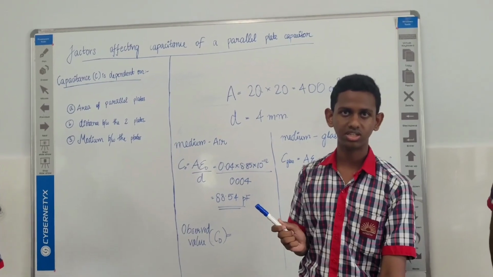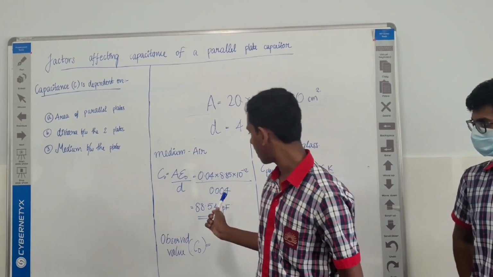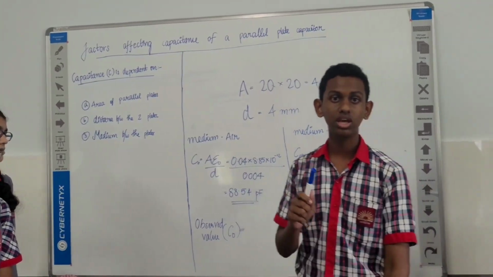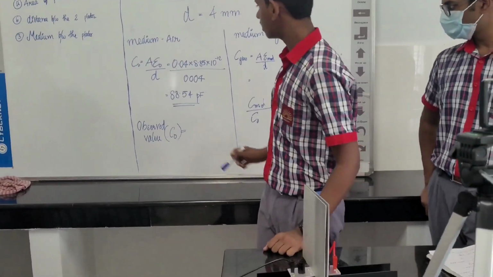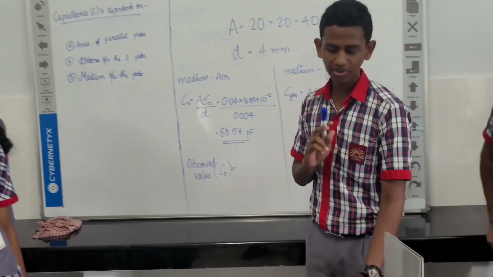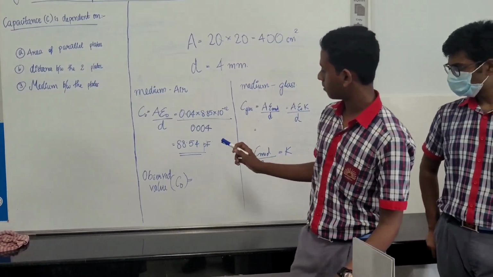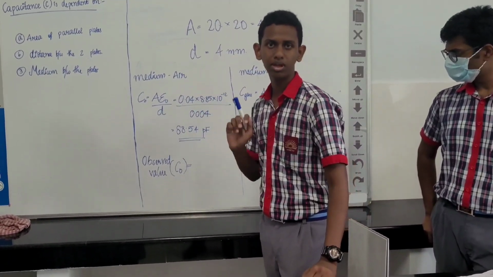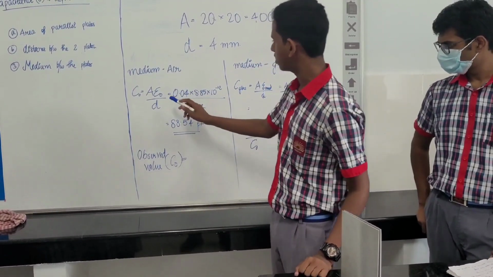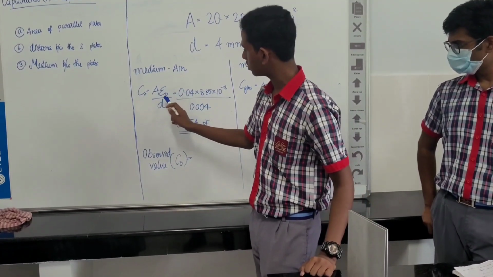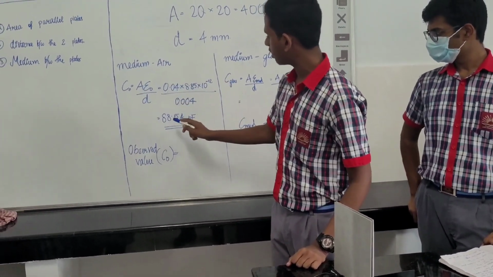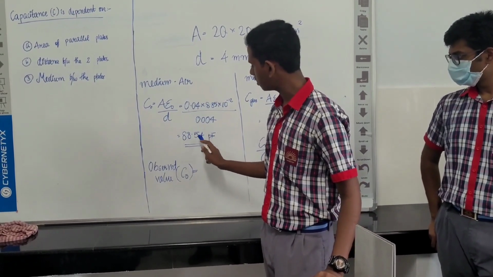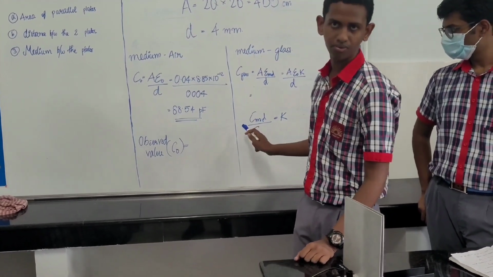Now let's change it. We have tried glass as a medium whose dielectric constant, that is K, is unknown. First let us find the theoretical value using air as the medium. So C0 is equal to A epsilon naught by D. By calculation we get around 88.54 picofarad.